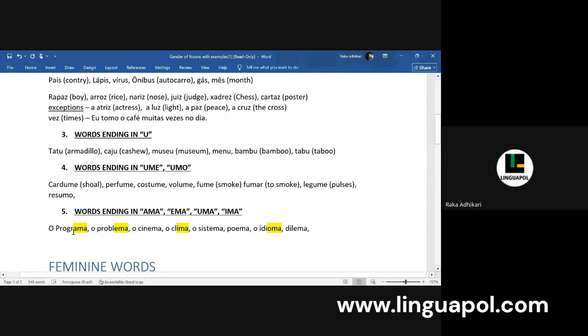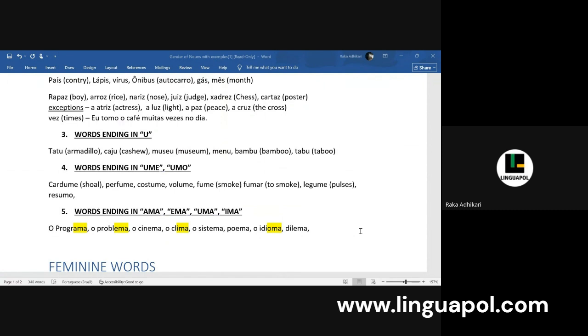Okay, so look at these endings: ama, ema, ima, uma. So all these endings are masculine endings. So although they look very much like a feminine word, they are actually masculine words. This rule we have to give extra importance to, because this is very tricky. Most of the time students confuse this and they say a programa.